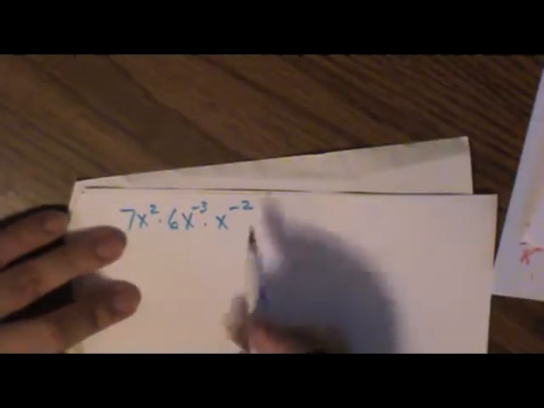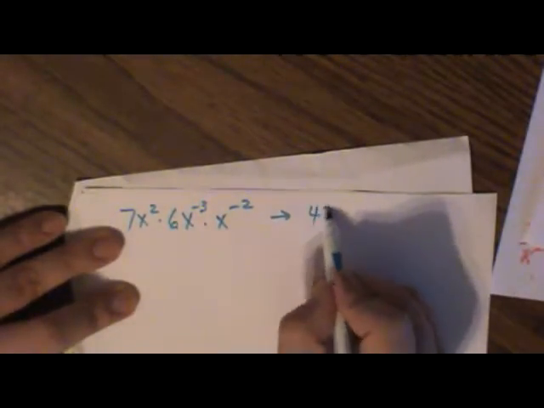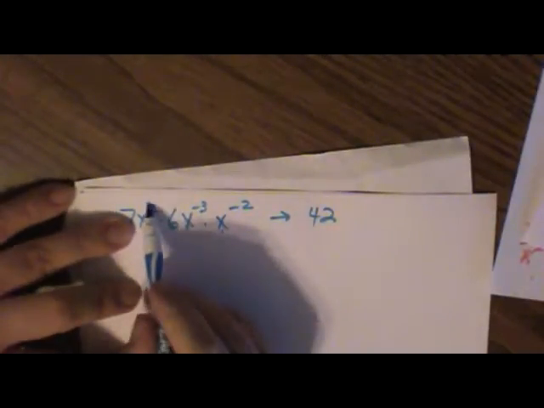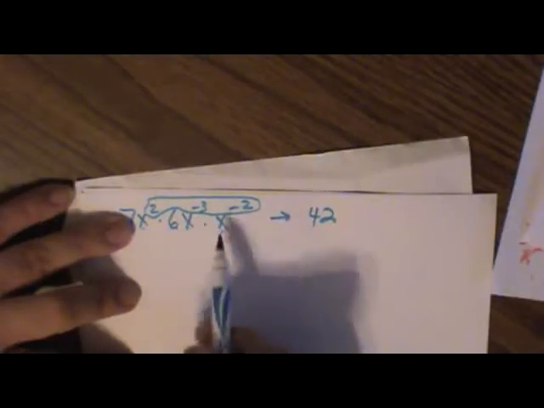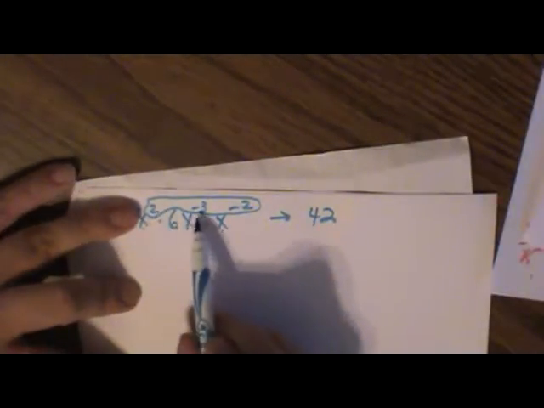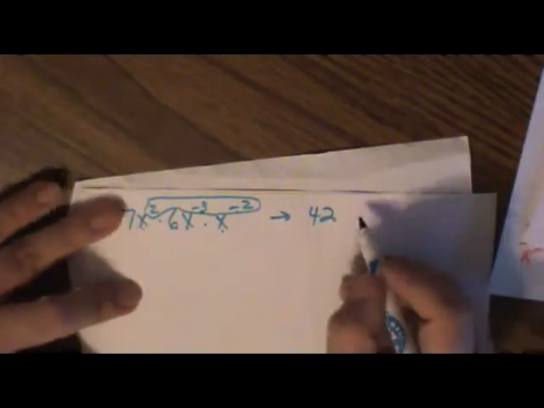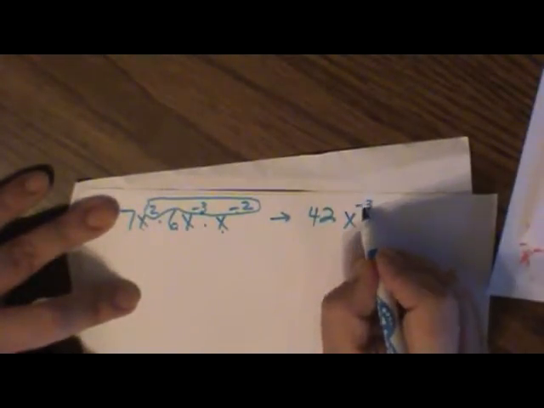So let's do the 7 times 6 first. Gives us 42. But now we have the same base, and they're multiplying, so we just add the exponents. So 2 minus 3 is negative 1. Subtract 2 more from negative 1 gives you negative 3. So you get x to the negative 3 power.